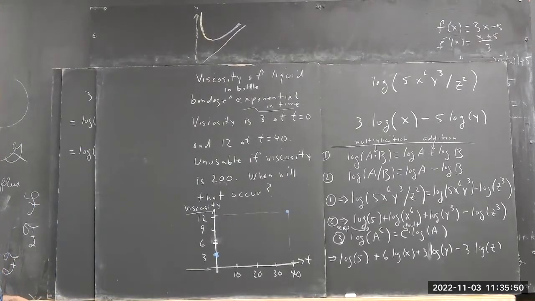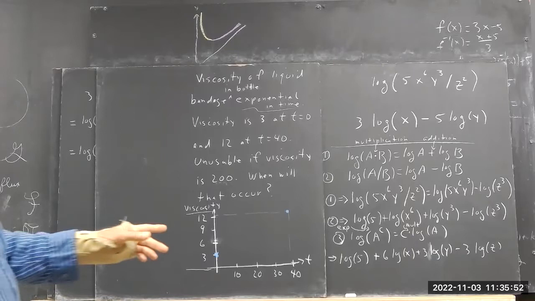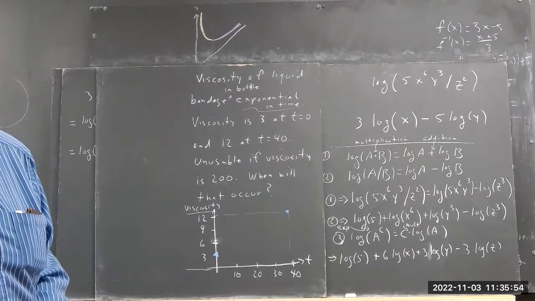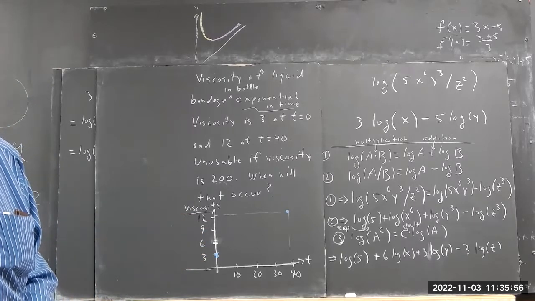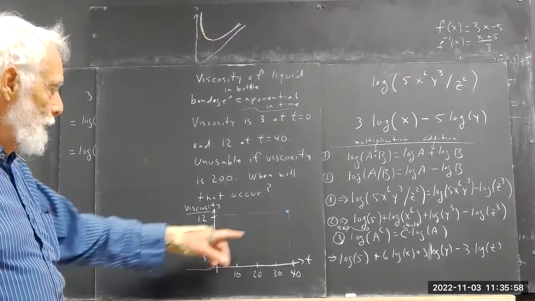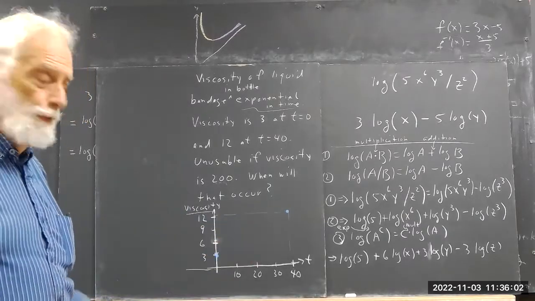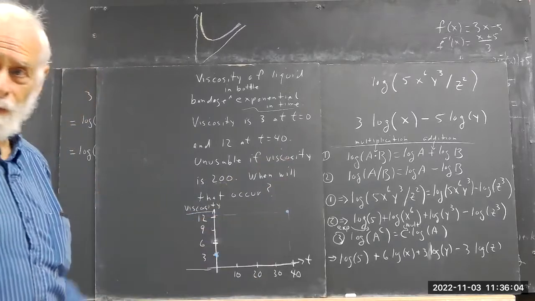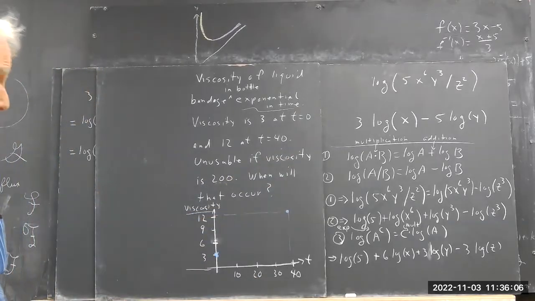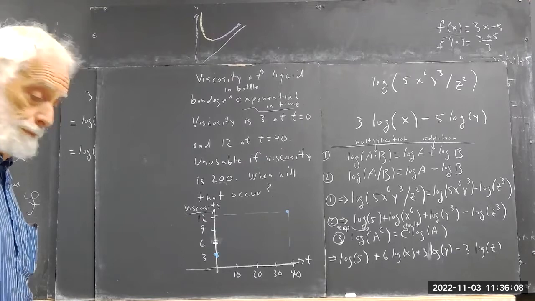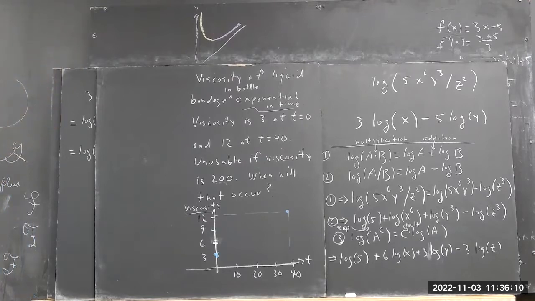Now, if you didn't draw this graph, don't get rid of the graph that you did draw, but do a quick sketch of this graph and put an exponential curve on it. Okay.